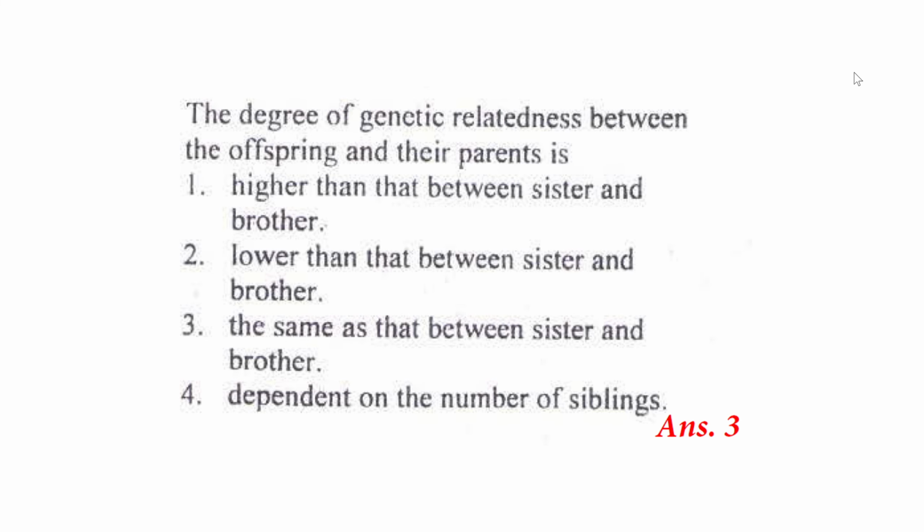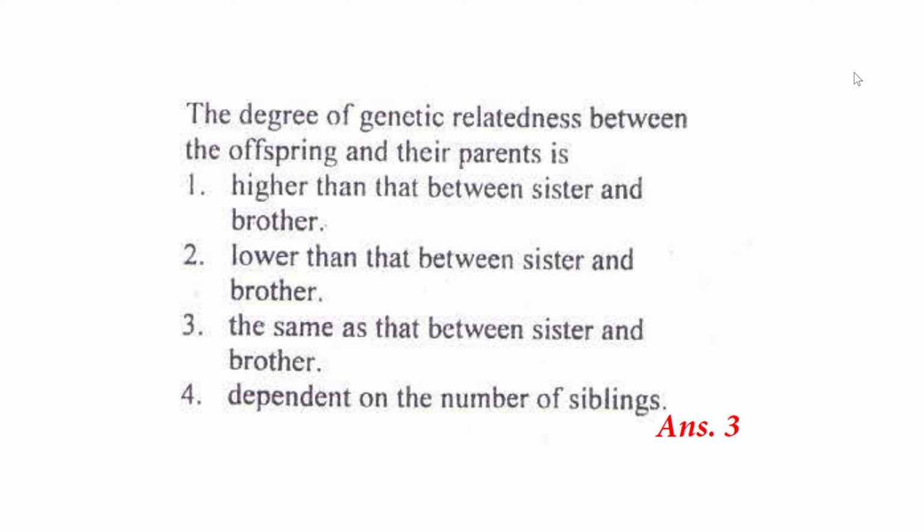Next, the degree of genetic relatedness between the offspring and their parents is: option 1, higher than that between sister and brother; option 2, lower than that between sister and brother; option 3, the same as that between sister and brother; option 4, dependent on the number of siblings.